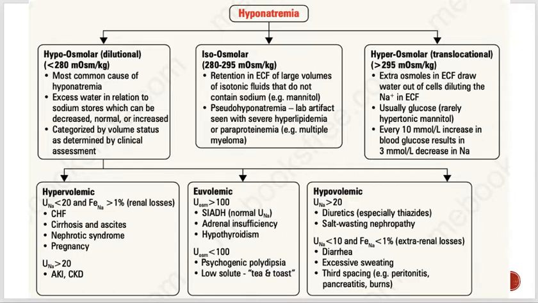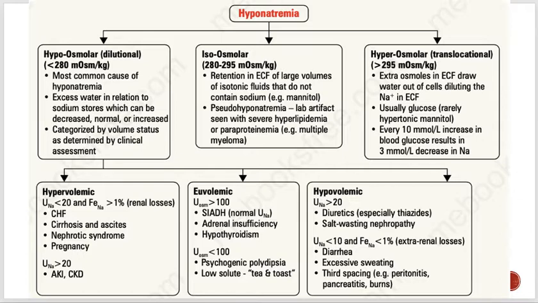And one thing, guys: whenever it is about sodium, think about the brain. And whenever it is about potassium, think about the heart. So in this case, when the patients develop hyponatremia, the cells are swelling up.